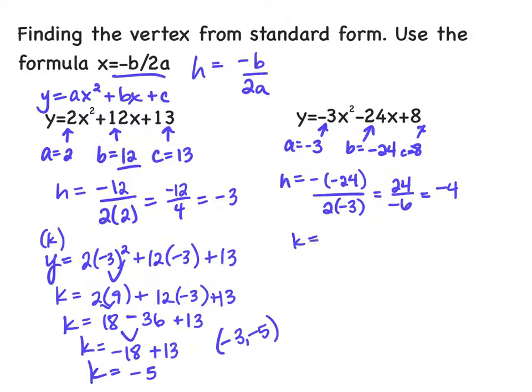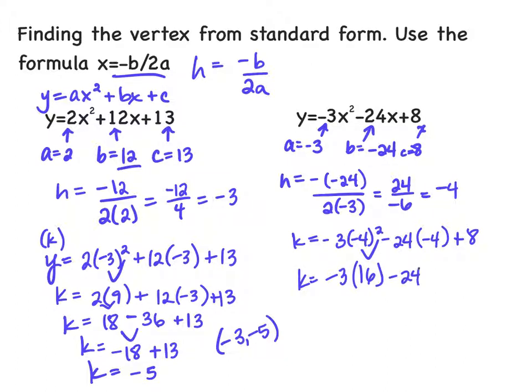Our k value, negative 3 times negative 4 squared, minus 24 times negative 4 plus 8. Negative 4 squared is 16. Drop everything else down. Negative 3 times 16 is negative 48. Negative 24 times 4 is 96.